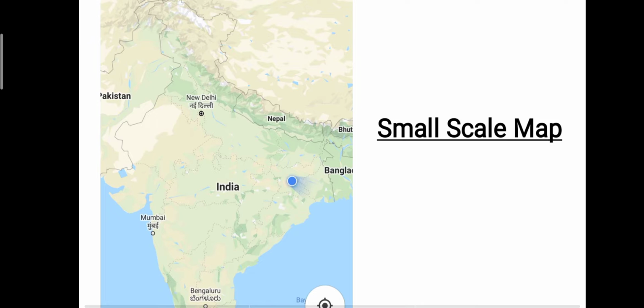They are just reducing the numbers. They are using a small distance on paper and representing a larger distance on the ground. A small distance on the map will show a larger distance on the ground. So that is how a map is made.